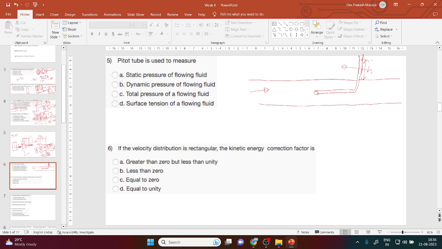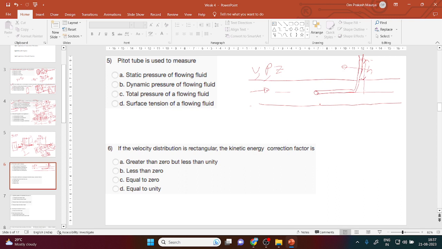So this H is gained by what? Due to the velocity, due to the pressure, and also due to the datum. If you take the datum at one location, then H will be different. If you take the datum at another location, your H will be different. So you can tell the datum also, and you can neglect it as per your datum.